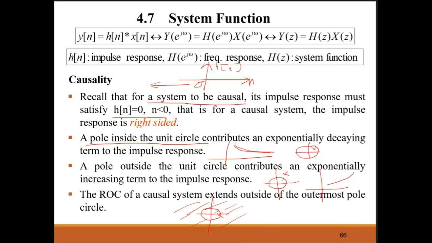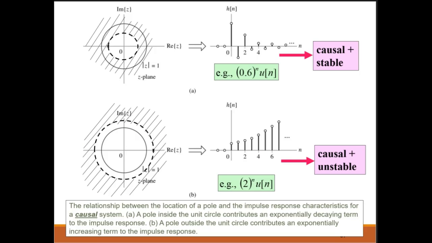So okay, this one, right. So kalau when a pole is inside the unit circle, so ni kat luar ni unit circle tadi kan, pole kat dalam, so this means that ROC dia outward, okay, dia cover unit circle, so dia adalah causal dan stable.